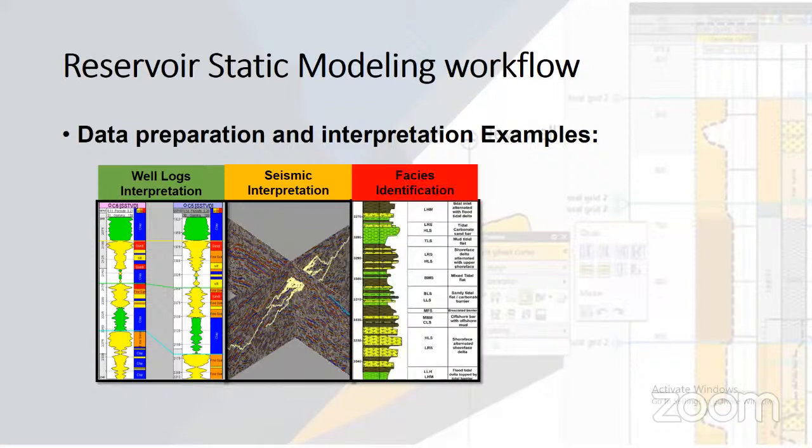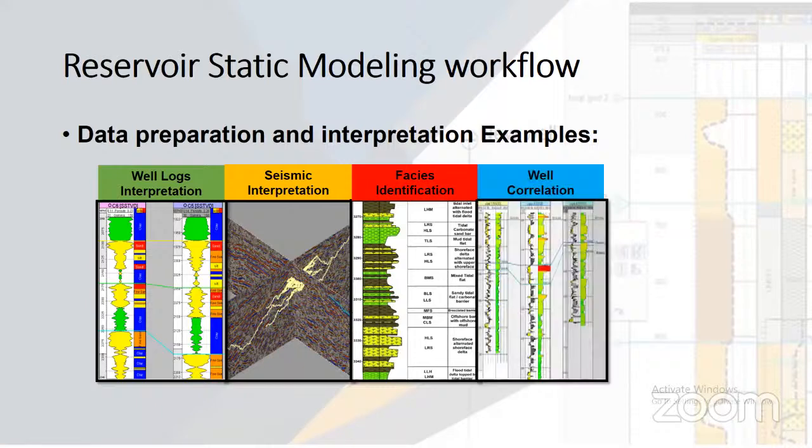Then we will identify the facies in every well. For every well we have a log, and in some cases we have core data. So by the integration of the cores and the well logs interpretation, we can identify the facies, like sand, coarse sand, carbonate, shaly sand, and so on. Then we will do well correlation.